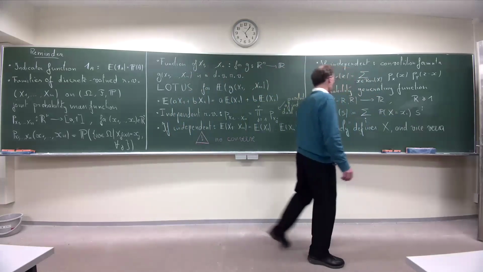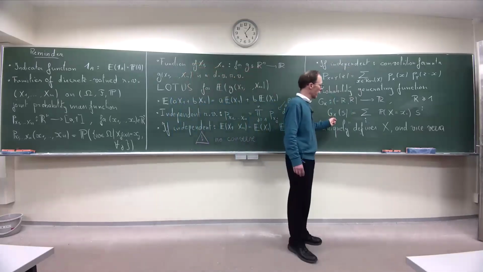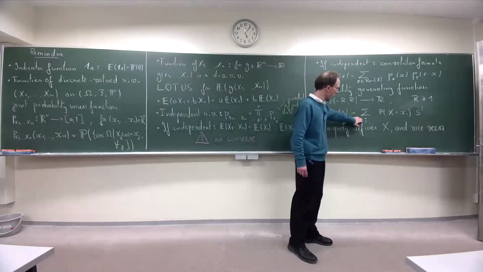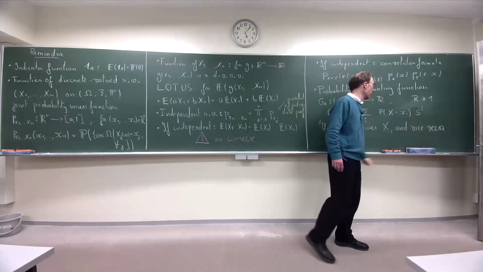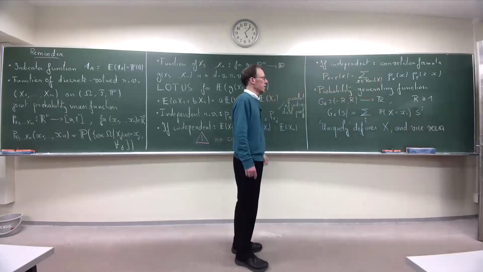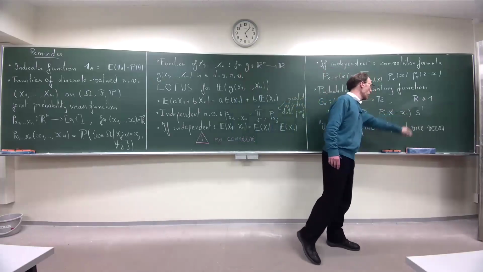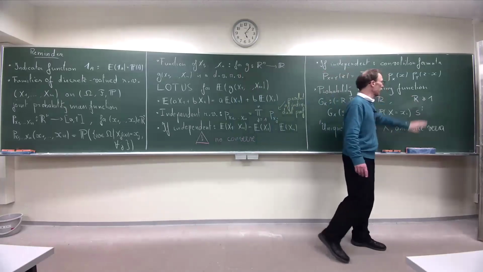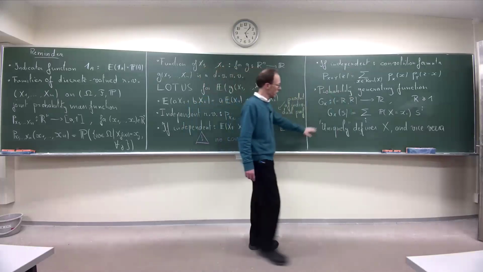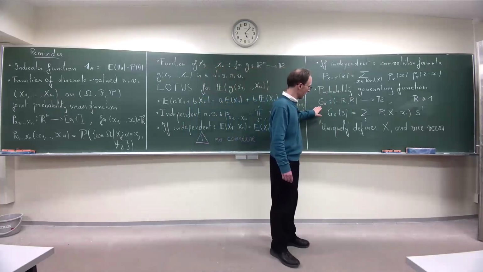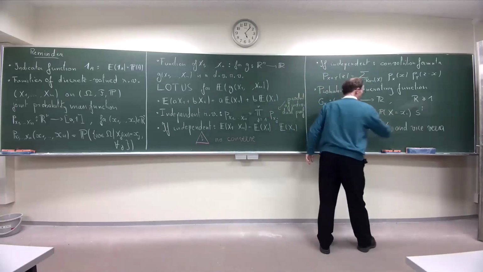Then xi are the values taken by the function, so it's only a countable number. We sum over i of this probability of X taking the value xi times the variable s to the power i. This is a power series. And because these numbers sum up to 1, we end up with the fact that this radius of convergence is at least 1. And the good point is this probability generating function contains all the information about these numbers.